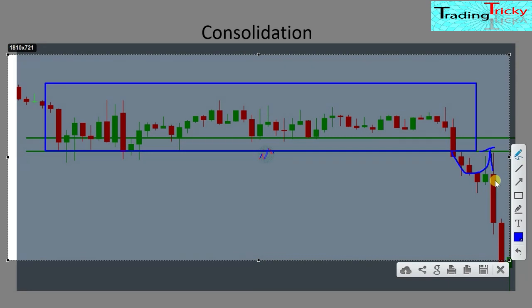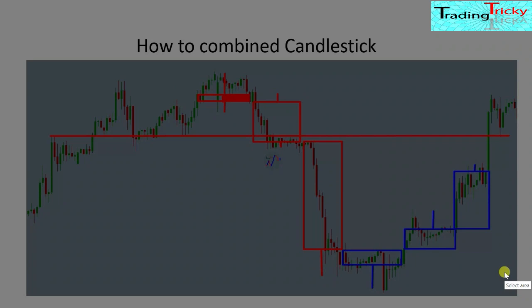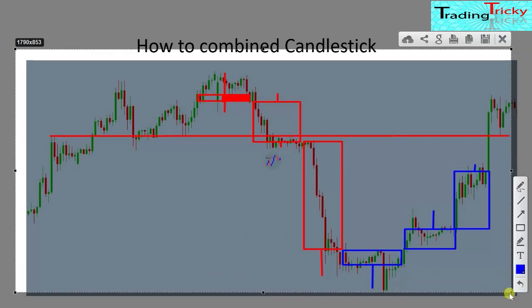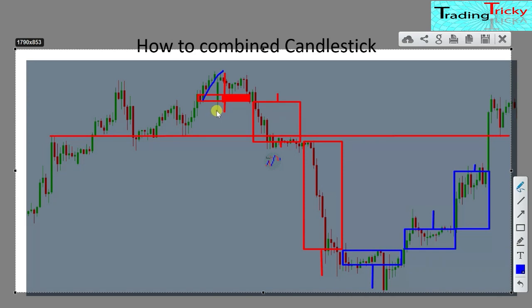In addition, I would like to show you how to combine some candlesticks to get a better decision before placing any trade. So here is a chart I brought for you to understand how to combine some candlesticks together. If you check, this is the opening price for this candle and it went up all the way, made a low down until here and finally closed here.